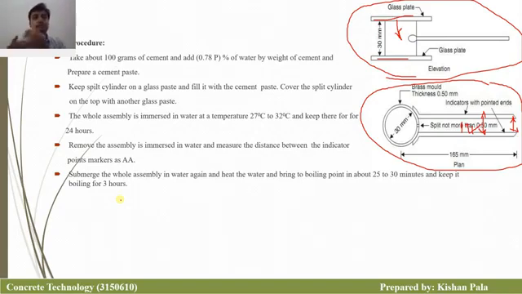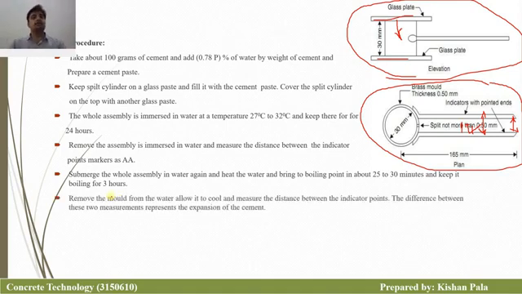You have to boil the water for 25 to 30 minutes to reach boiling point, and keep boiling for 3 hours, and remove this mold from this boiled water, and once again measure this distance. So you will find a higher value compared to before.